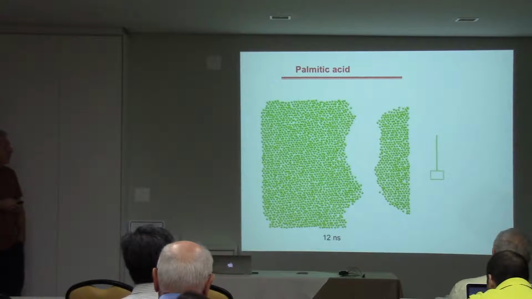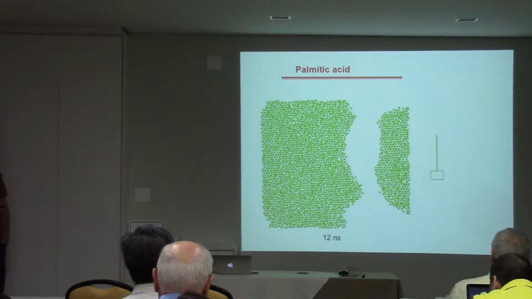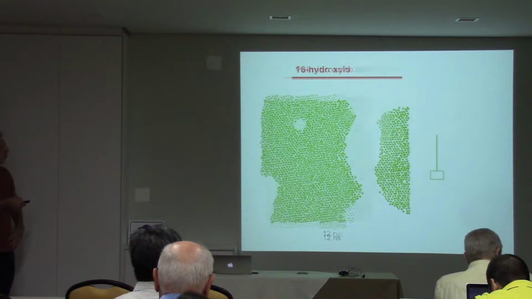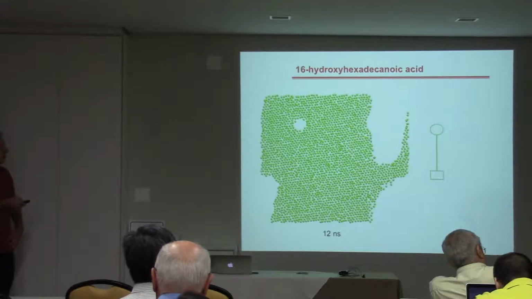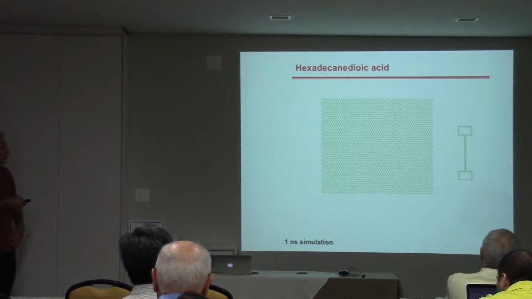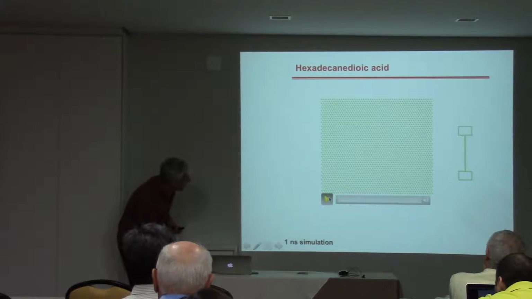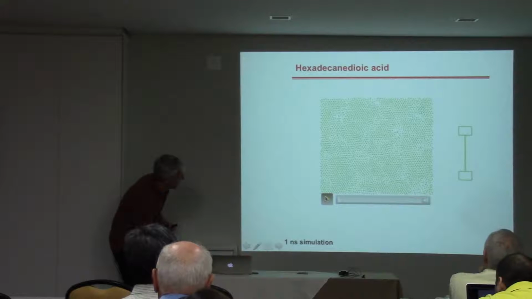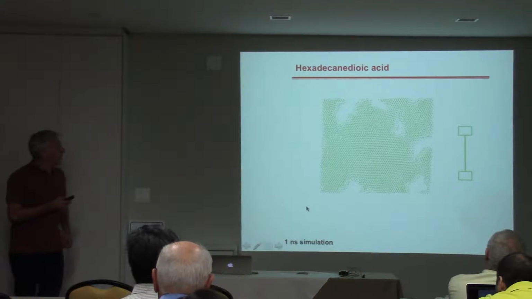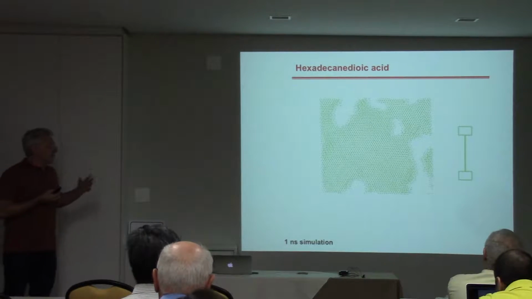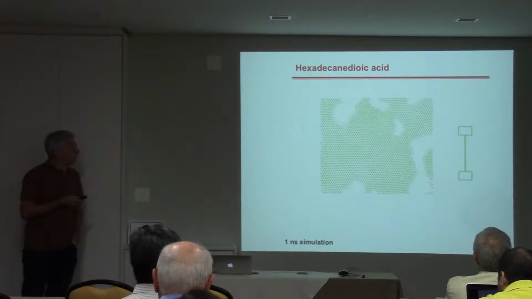And some of the preliminary results show, from this top view of palmitic acid, how the system starts to form islands, and they spontaneously can form these islands, and then it's a very promising tool to tackle this system.